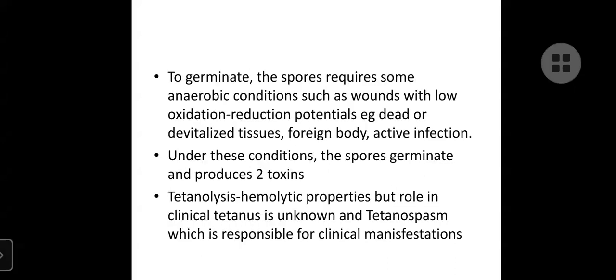So in order for the spores to germinate, you will need an anaerobic condition, such as a wound with low oxidative reactive properties. So a dead wound, a foreign body, an infection or devitalized tissue. Under these anaerobic conditions, the spores can germinate and produce two toxins, which are tetanolysin and tetanospasmin. The tetanospasmin is what is responsible for the clinical manifestation we'll be discussing this afternoon.